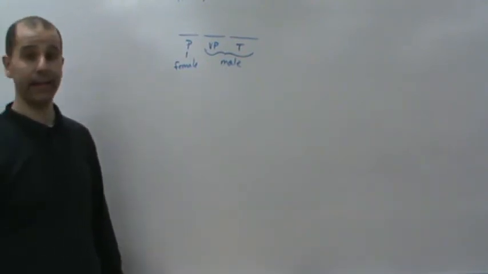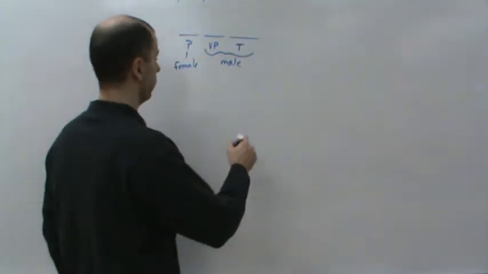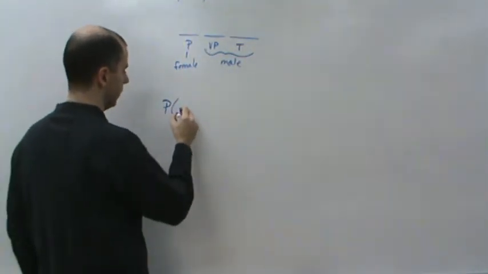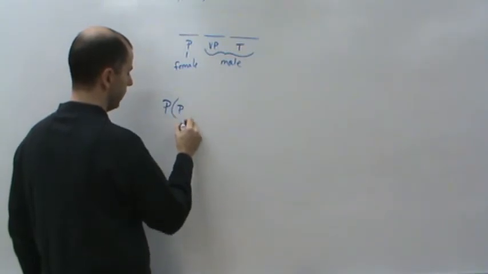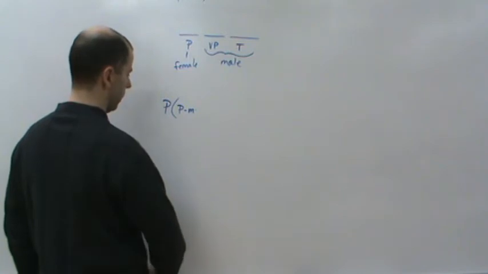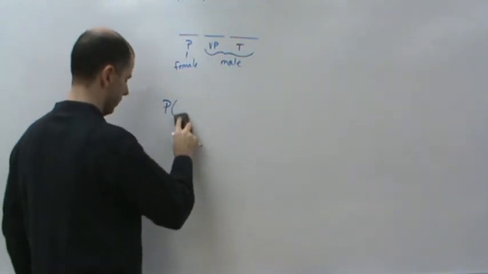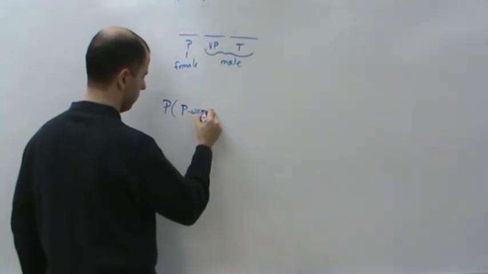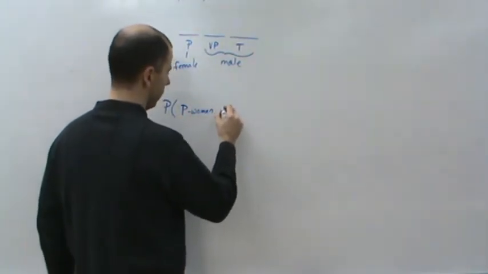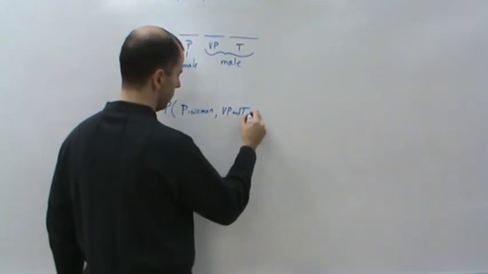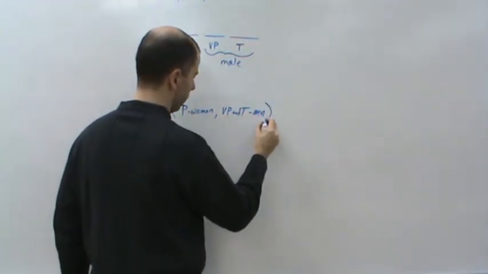Well, what do we need to find out for probability? Okay? So let's think about this. We need to find the probability president is going to be a woman, and vice president and treasurer men.